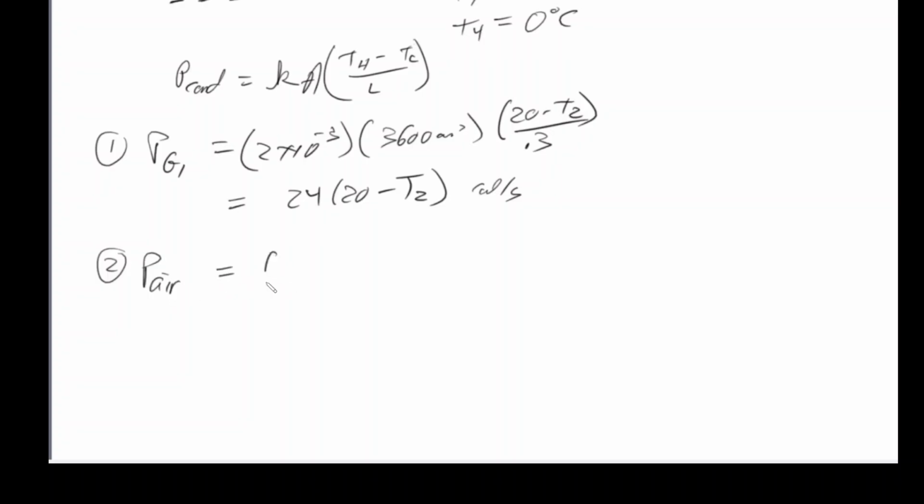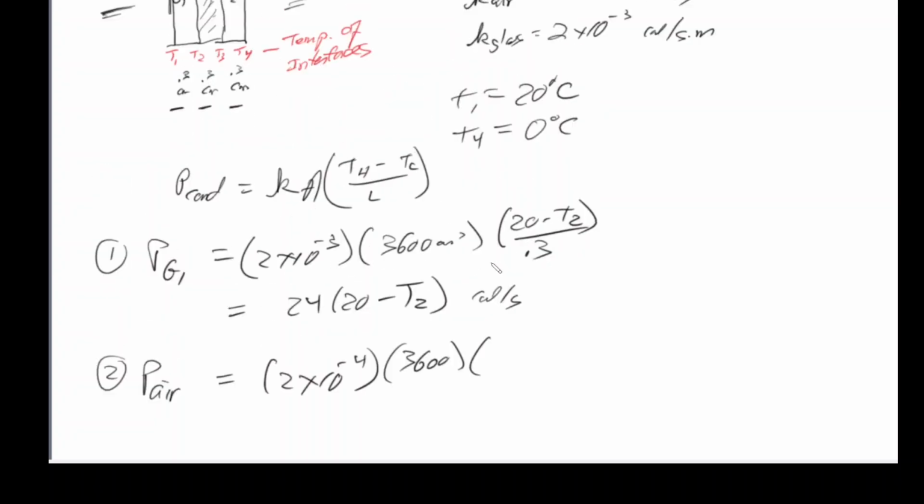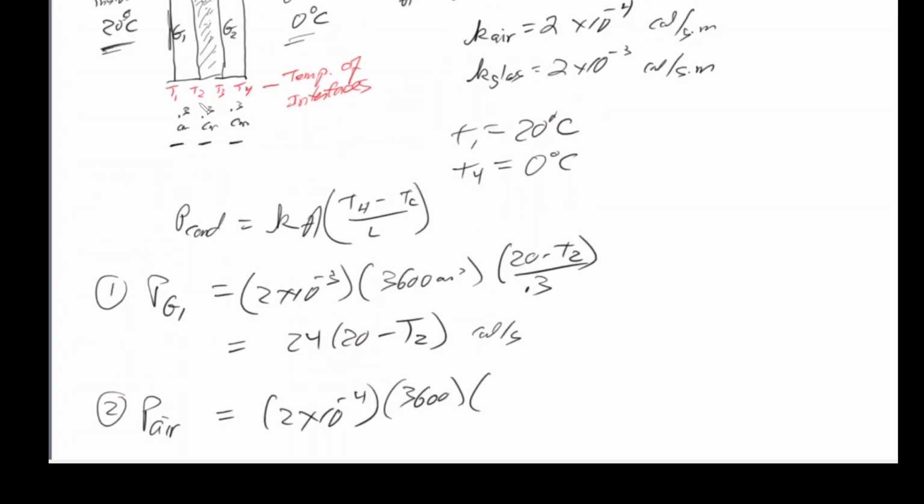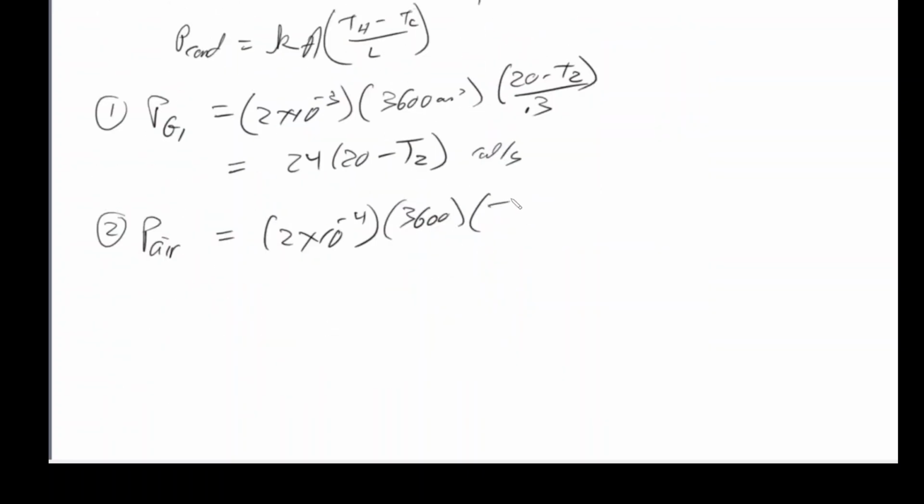Now let's do the same for the conductivity of air. That's equal to the K for air, which is 2 times 10 to the minus fourth, times the area, which is 3,600 centimeters squared, times the temperature difference, which in this case is T2 minus T3, over the length, which is 0.3. And if you work that out, you get 2.4 times T2 minus T3.